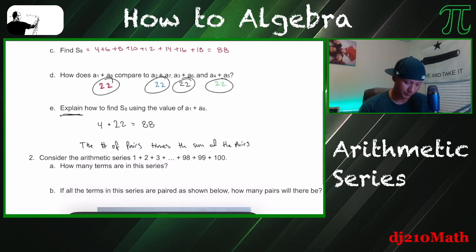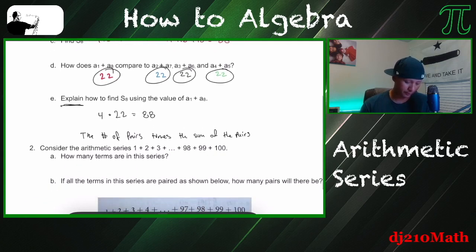Okay, so consider the arithmetic series 1 plus 2 plus 3. This is the first 100 numbers in the natural number set, 1 to 100. If I add up every number from 1 to 100, 1 plus 2 plus 3 plus 4, all the way up to 100, how many terms are there in this series?